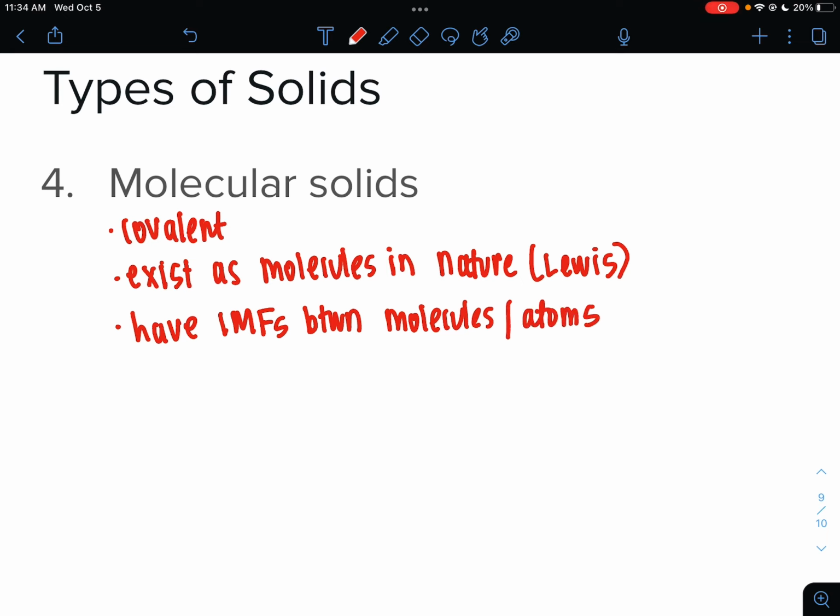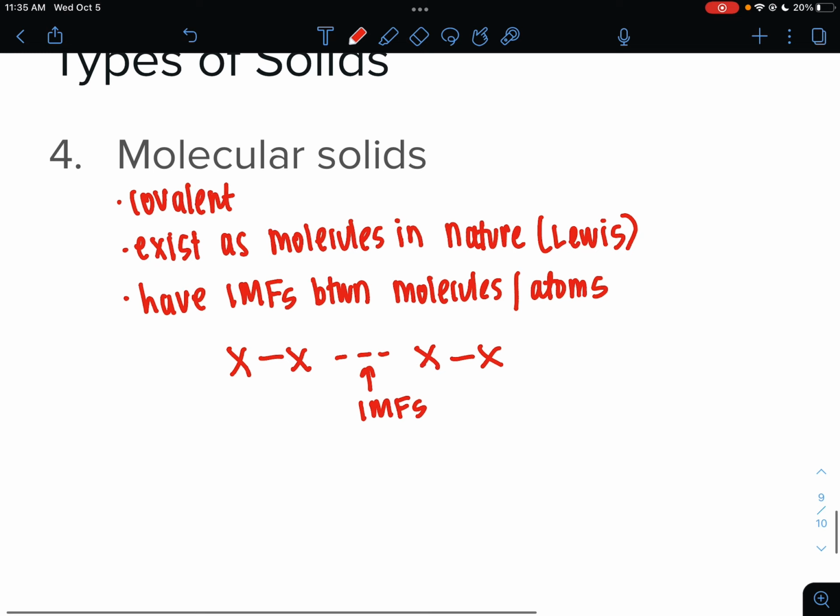Okay. So remember, you would have X bonded to X, and then we'd have our dashes that we talked about the other day. Bam. Those are the attractions that exist between them. In comparison to the other three types of solids, these ones typically have very low melting and boiling points.